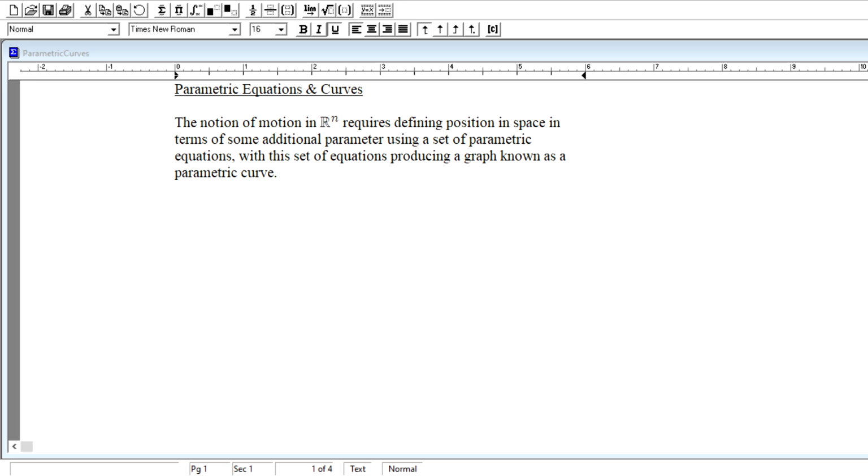The cross sections for these quadratic surfaces are often going to take on the shape of a conic section, and we want to be able to recognize our conic sections both equationally and graphically when we encounter them within those descriptions of multivariable surfaces.